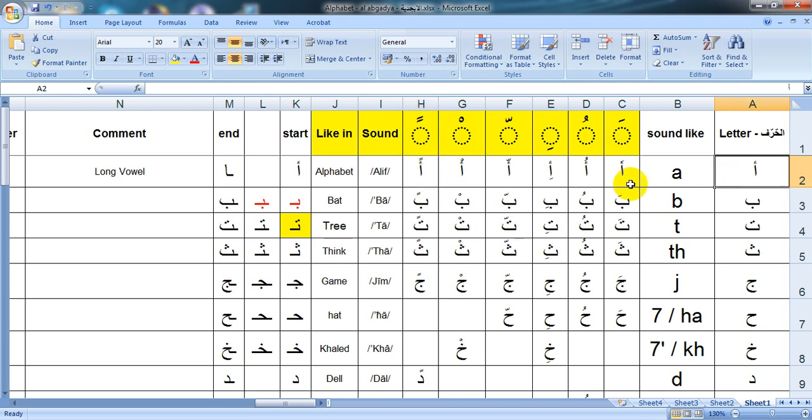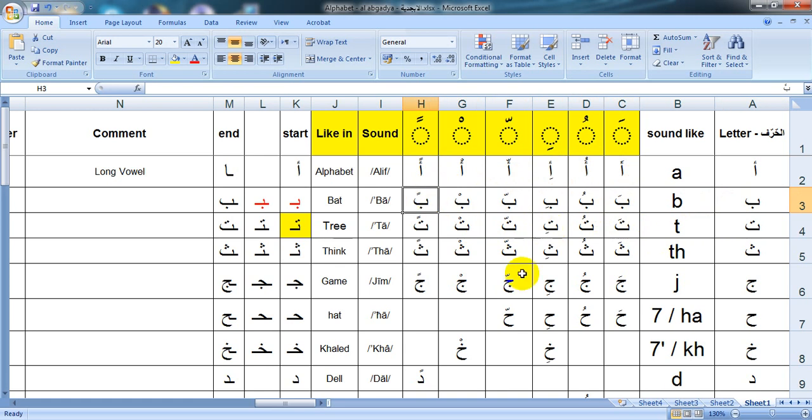So alif can be a, u, e, sorry, un. Let's take that and apply it on ba. So ba could be ba, bu, bi, bab, ba, bun, and so on.